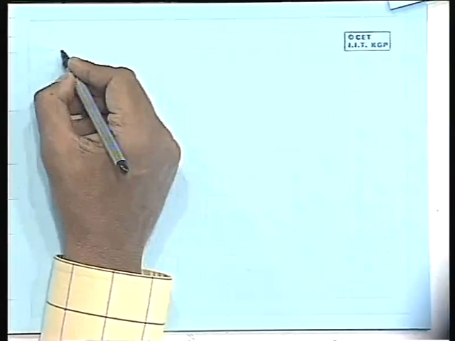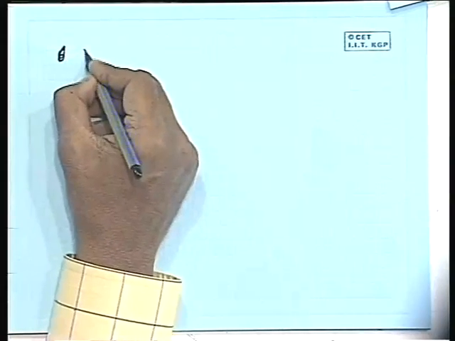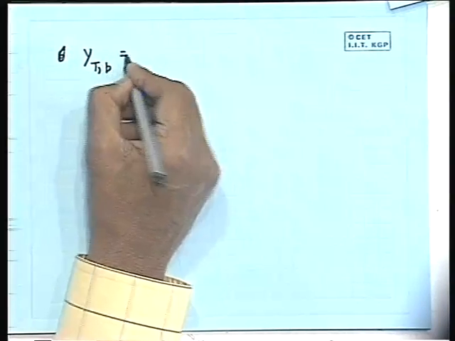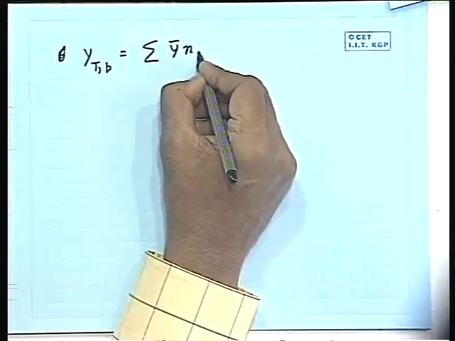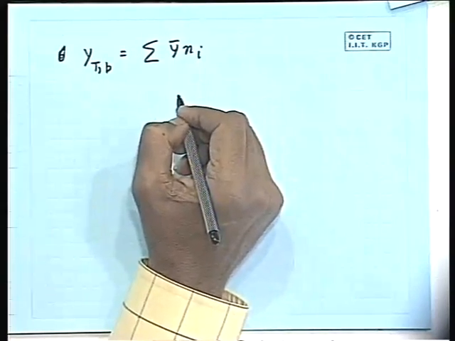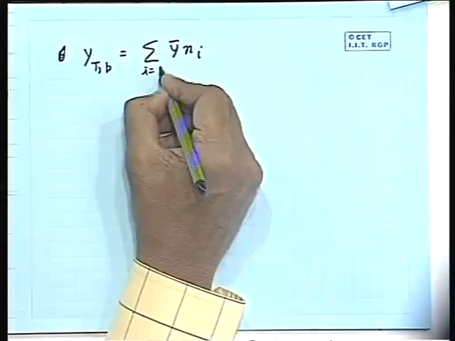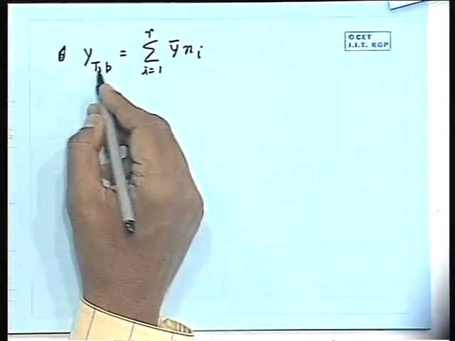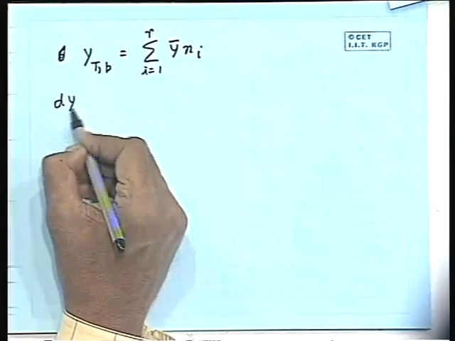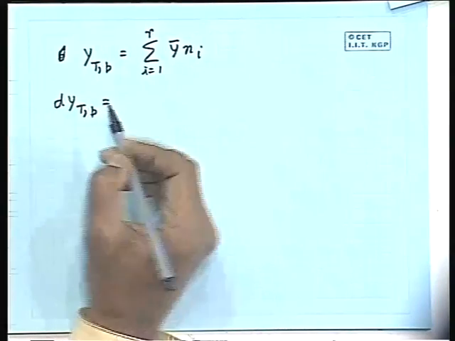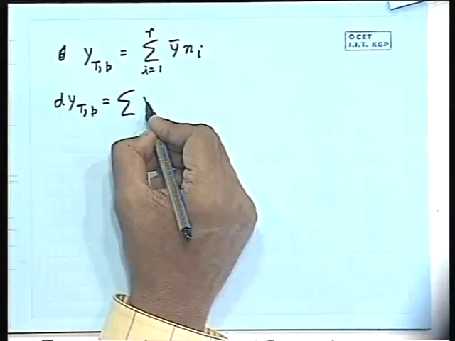Now, after this, I will derive some other very important relationships. Now you see that Y at T and P, we have seen, is the sum of Y bar i N i at constant temperature and pressure. So similarly, in the same way as we did earlier for the Gibbs function, if we now take the differential at constant temperature and pressure, then what we get?